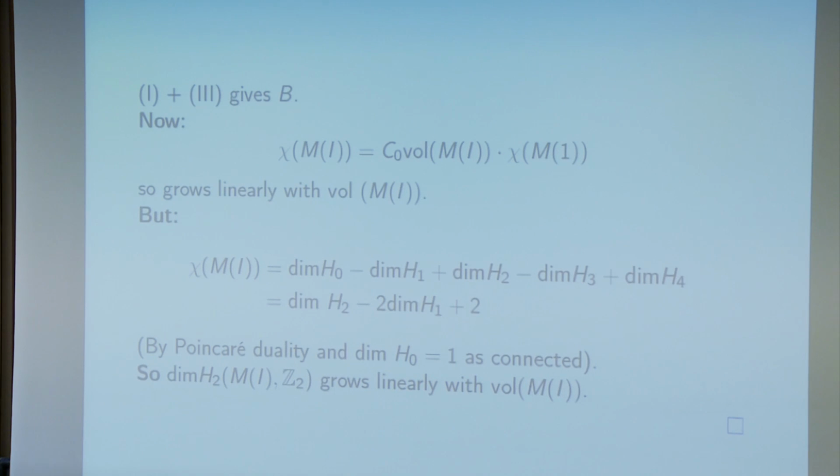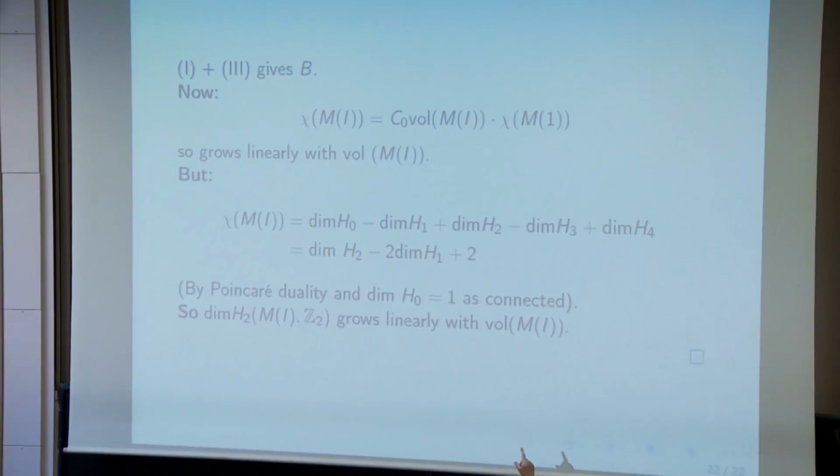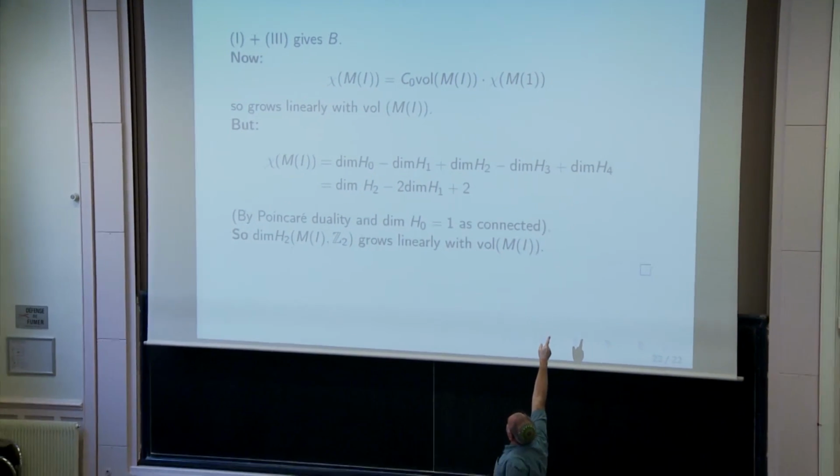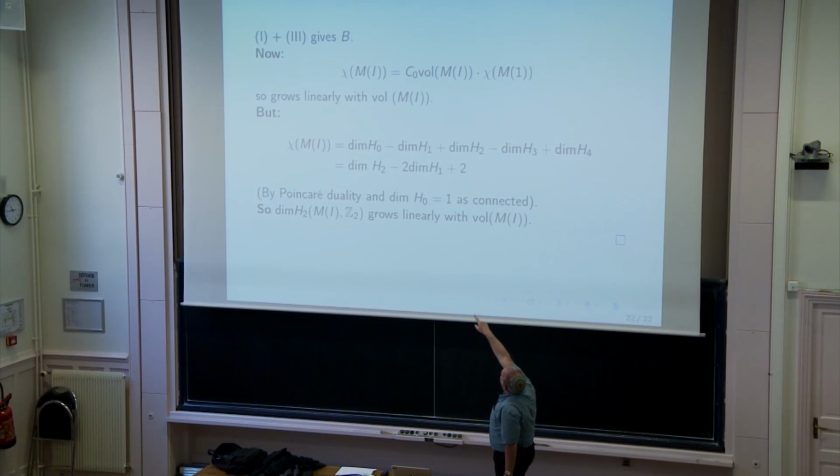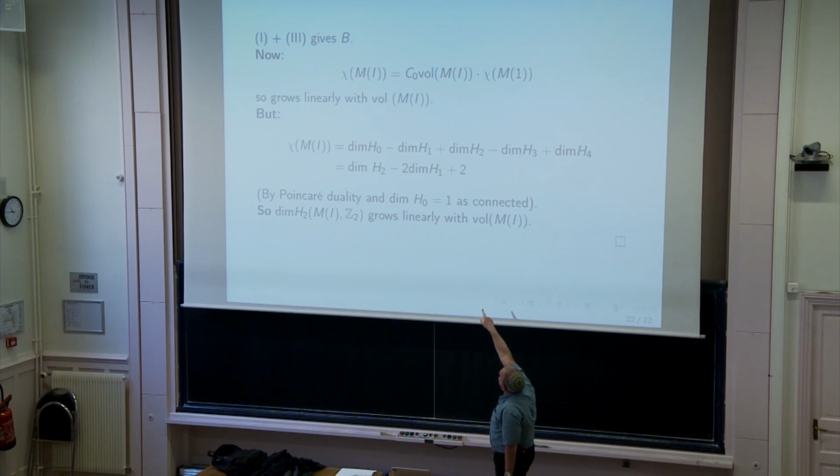This argument works exactly for dimension 4 and exactly for i equal 2. Now H0 and H4 are of dimension 1. So we are getting the dimension of H2 minus the dimension of H1 twice, because of Poincaré duality, plus 2. And therefore, because we know that the Euler characteristic grows linearly, we are deducing that the dimension of H2 also grows linearly, and this ends the proof, and this ends my talk exactly on time.